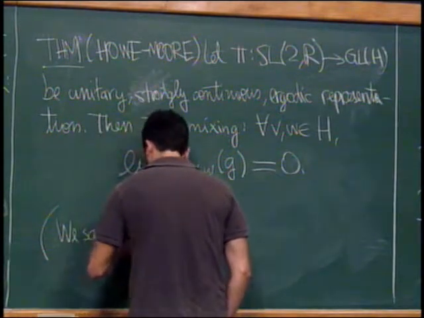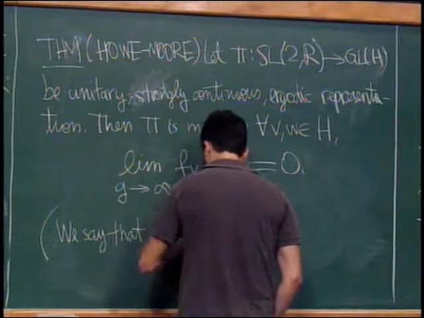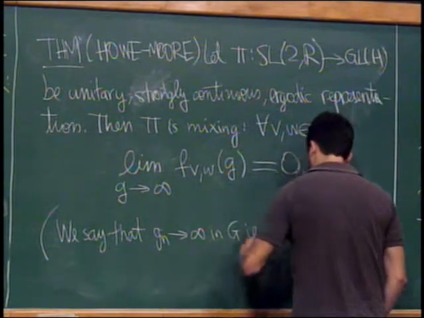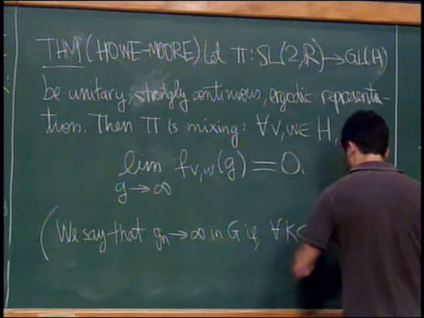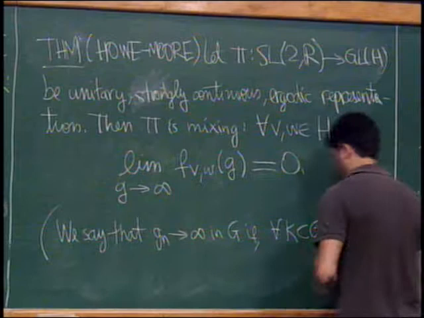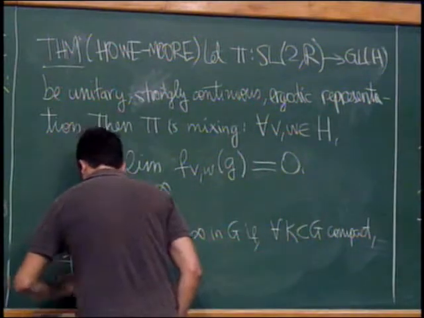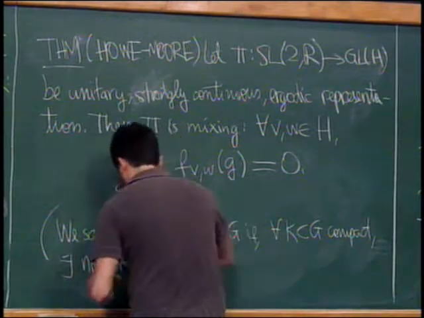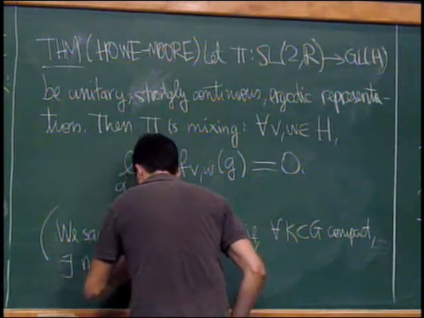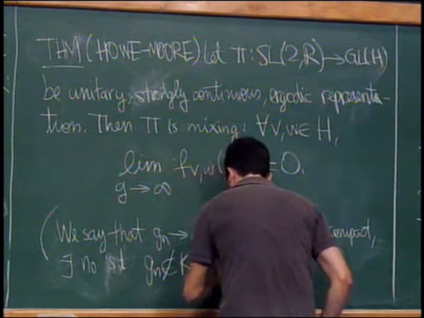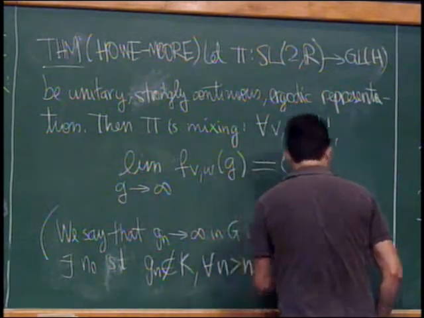We say that a sequence goes to infinity in G if for every compact subset K of G there exists some n0 such that g_n does not belong to K for every n larger than n0.